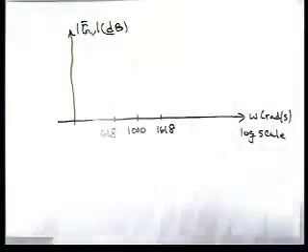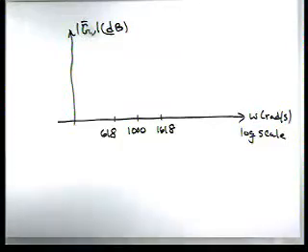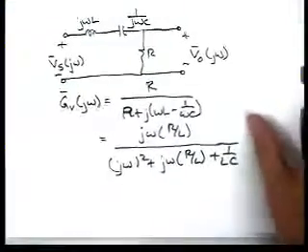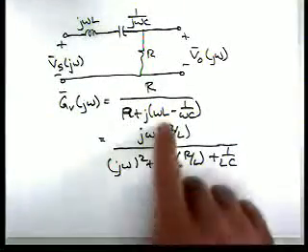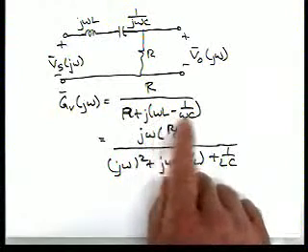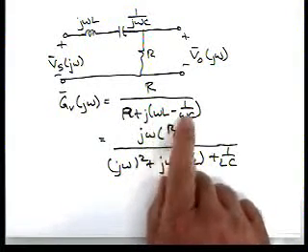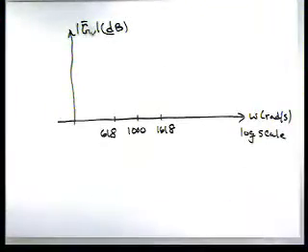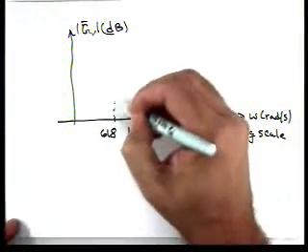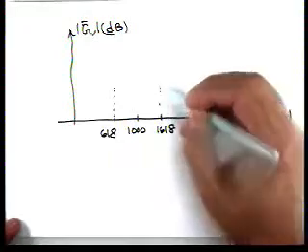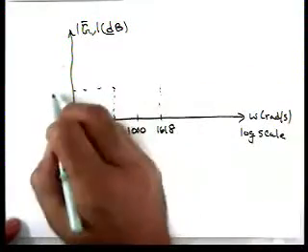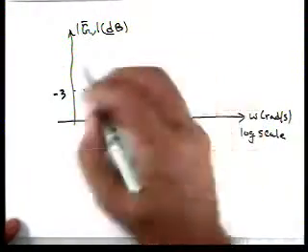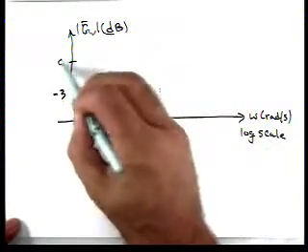What's the gain at resonance? At resonance, these two terms would cancel out, so the gain is 1. In dB terms, that's 0. So we know at the two half-power frequencies we're at minus 3, and at the resonant frequency we'd be at 0.